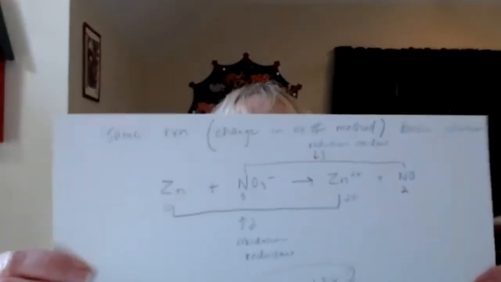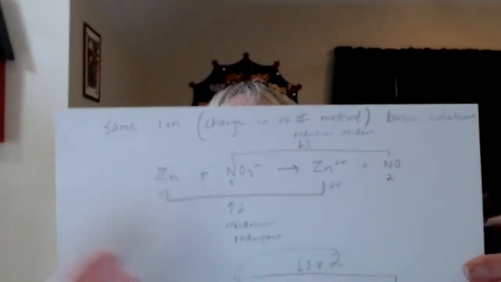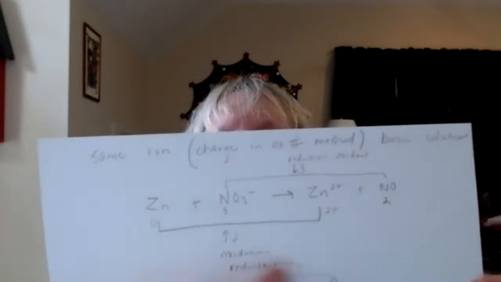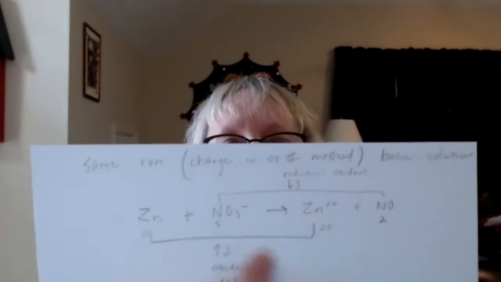Now, all that, 3 or 4 sheets to go over that. When in one sheet, well, almost one sheet, I could have done this by the change method. Ta-da! This is the change method. Instead of doing half reaction links, you're connecting the links, aren't you?